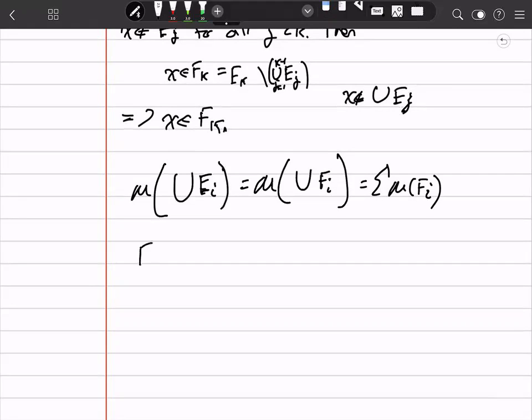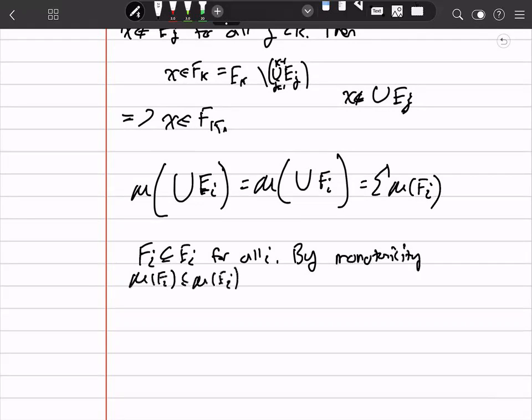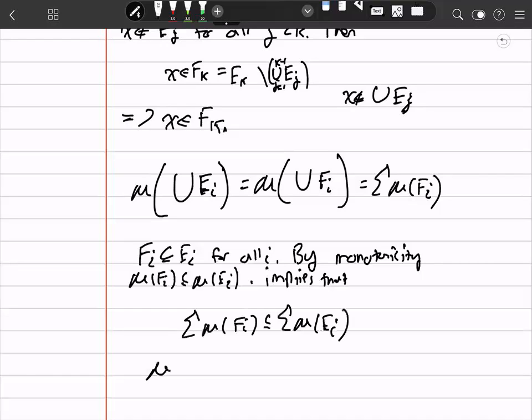We know that f sub I is a subset of e sub I for all I. By monotonicity, we have that mu of f sub I is less than or equal to mu of e sub I, which implies that the sum of mu of f sub I is less than or equal to the sum of mu of e sub I, which gives us that mu of the union of e sub I is less than or equal to the sum of mu of e sub I, as desired.